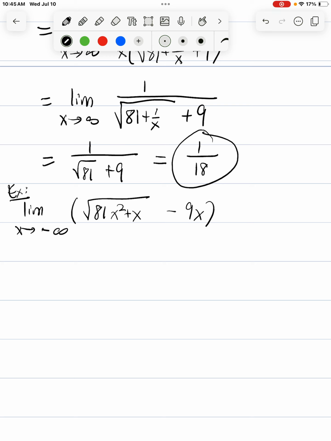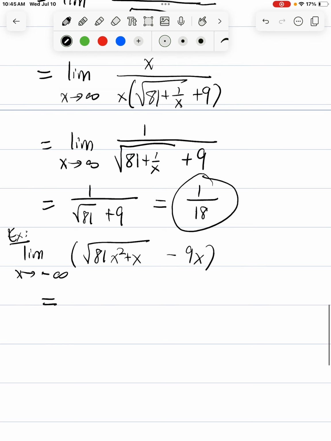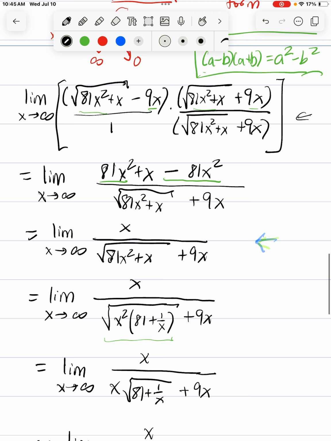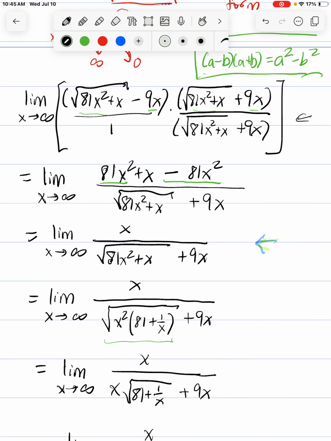Well, if you multiply and divide by the conjugate, okay, which part of this changes if you look at it? What do you have to do differently since x is going to minus infinity?